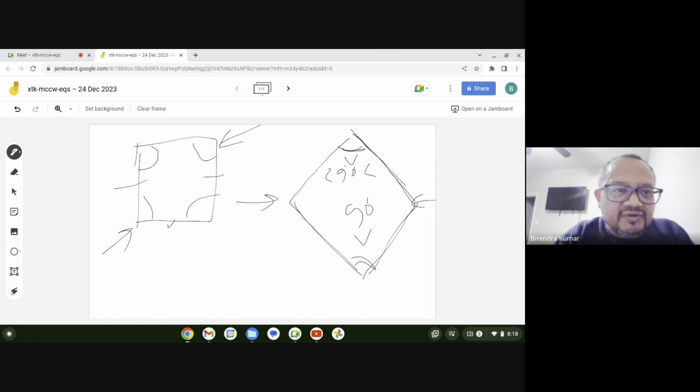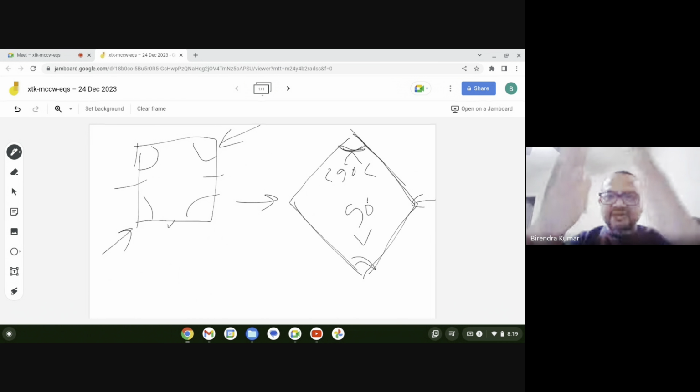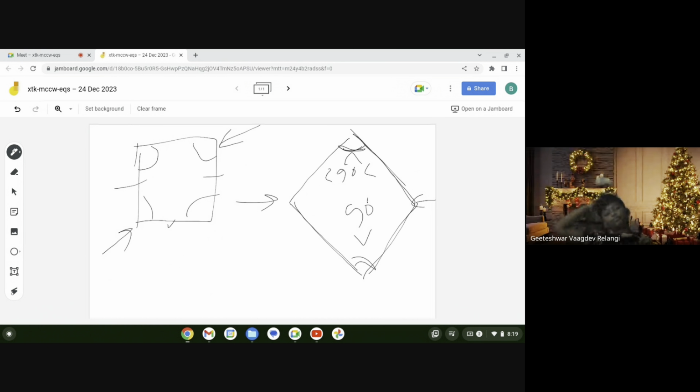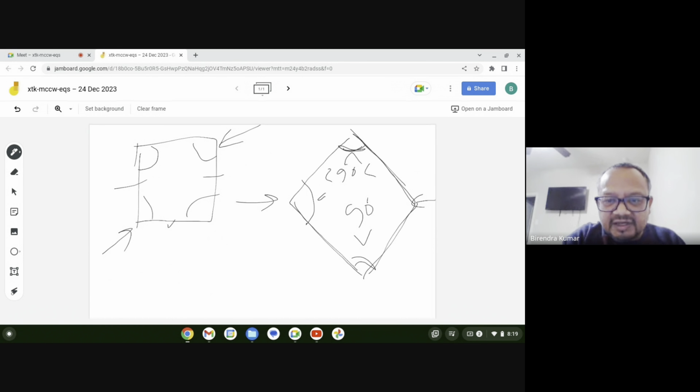Sorry, the other way around. These two angles became less than 90 because you squeezed, right? This became thin at the top. And this became bigger than 90.